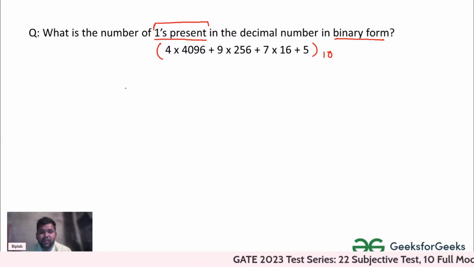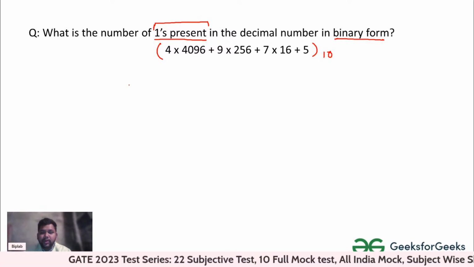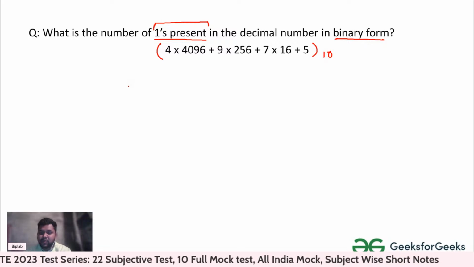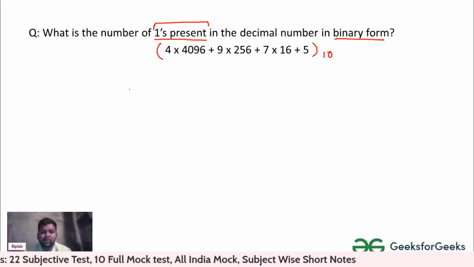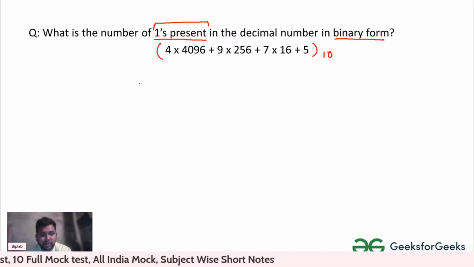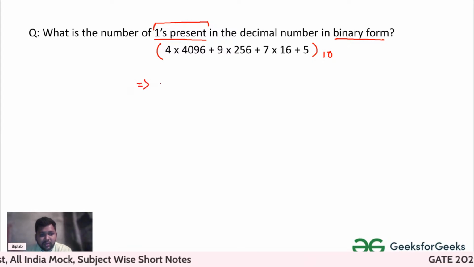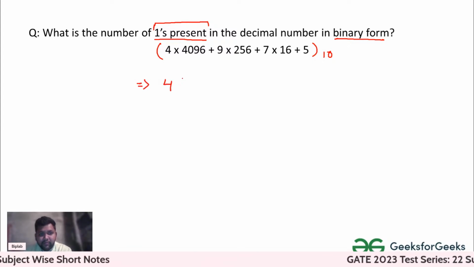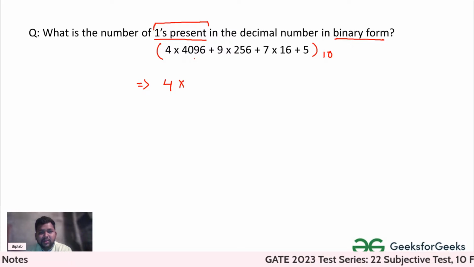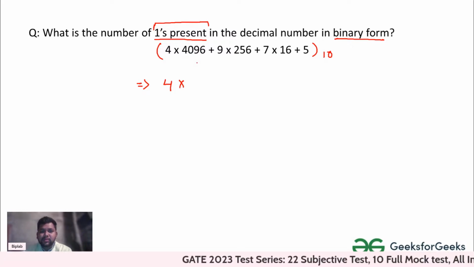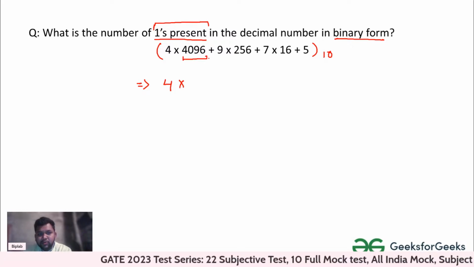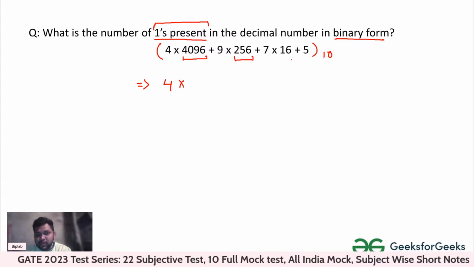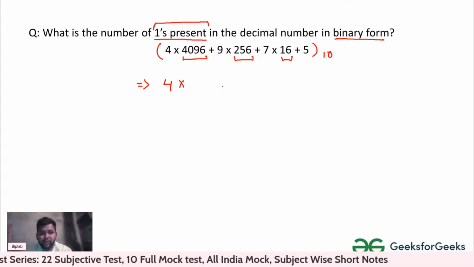So it is clear that you cannot do it directly in the conventional process because the number is too big. So you have to apply a little bit of a trick. You have to rewrite this number in some form, like 4 into, instead of 4096, you can identify this is a 2 to the power number, this is also the same, this is also the same.